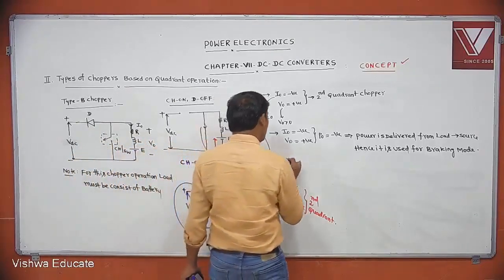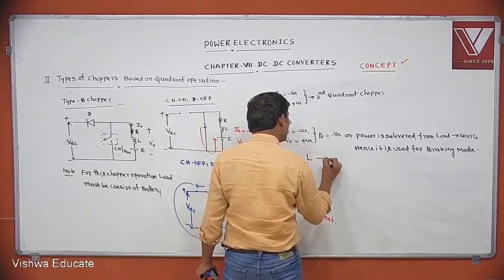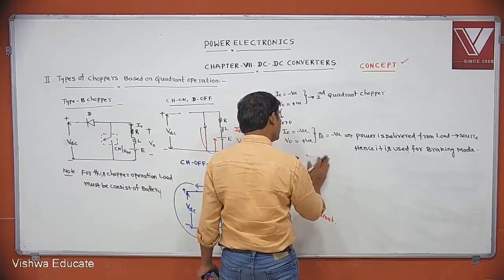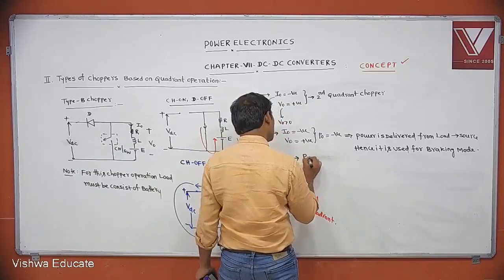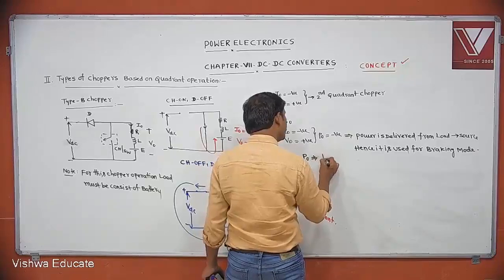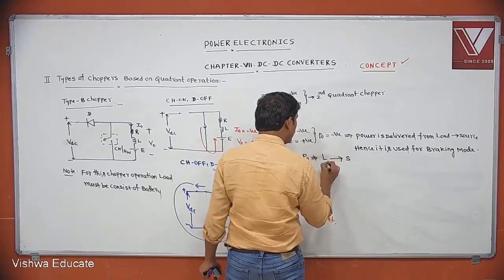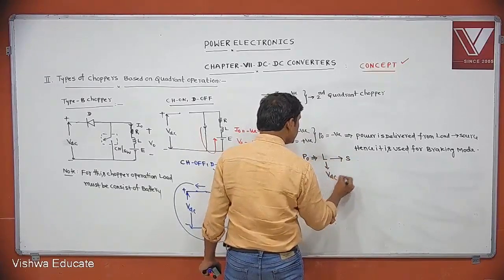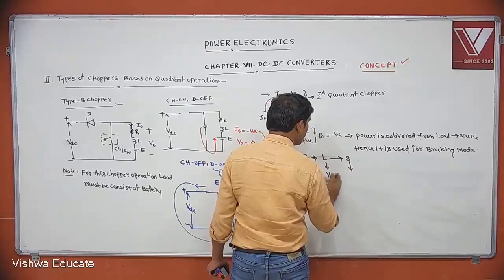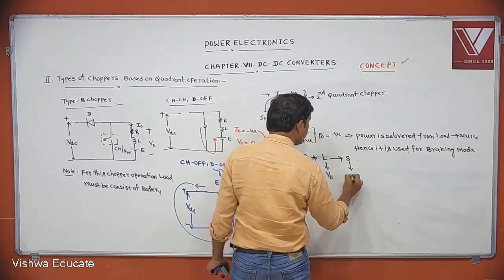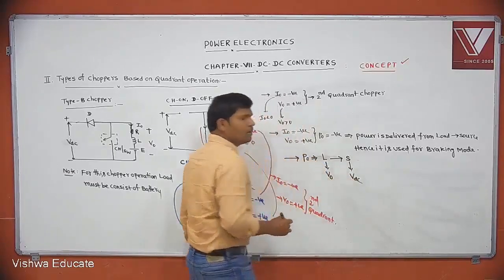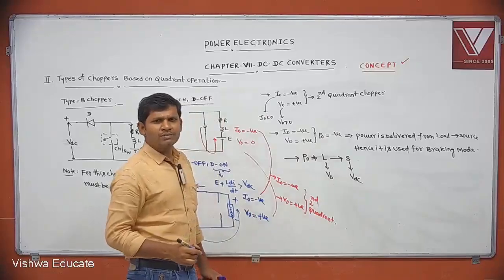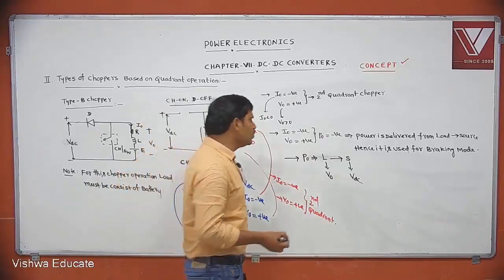Power is delivering from load to source. In the case of type B chopper, the load voltage is V naught and the source voltage is Vdc. In general, power is always delivered from high voltage to low voltage.